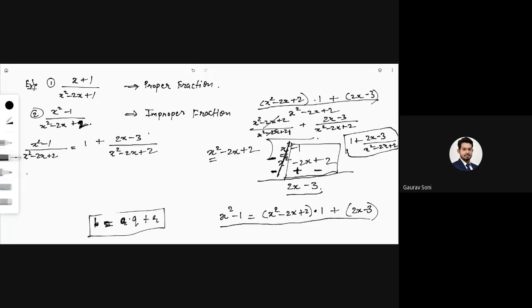Third one. x cube plus 2x square plus 3x minus 4 upon x square plus x plus 3. Yes, try this.